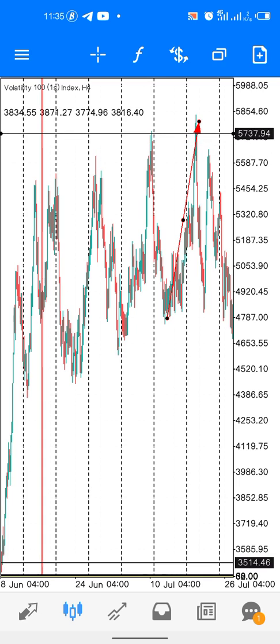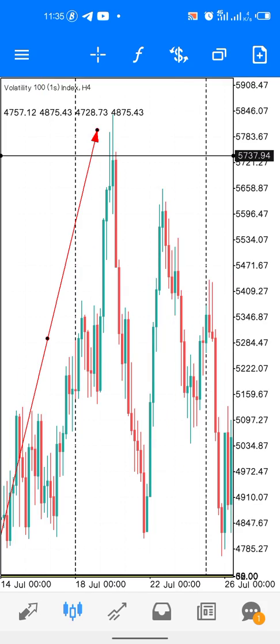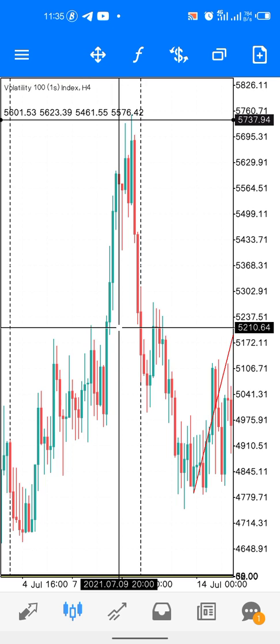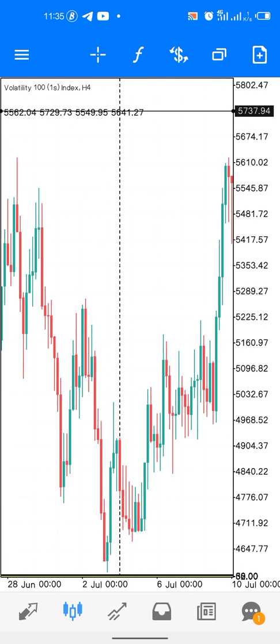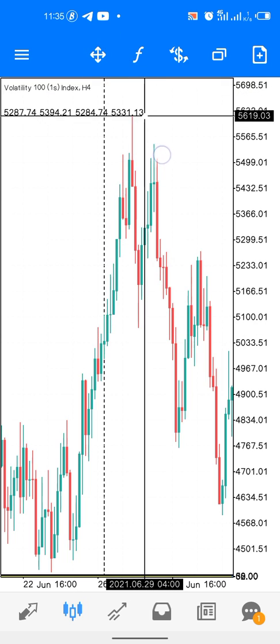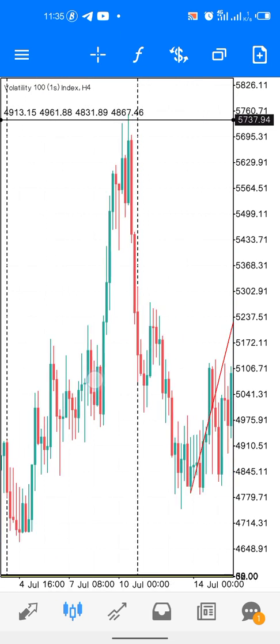I saw it, so I'm expecting price to come to this order block. I'm expecting price to do two things. When price broke this former high, it came back.